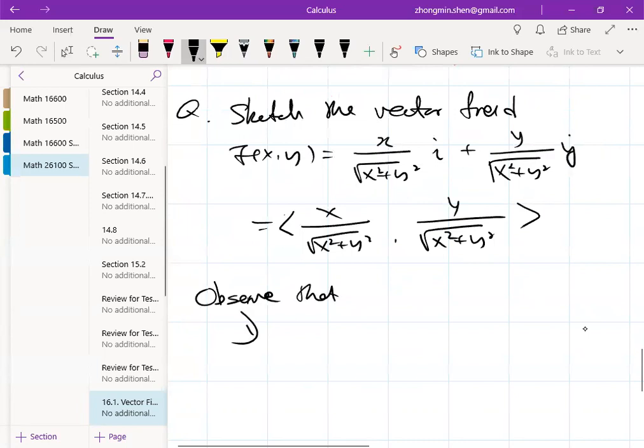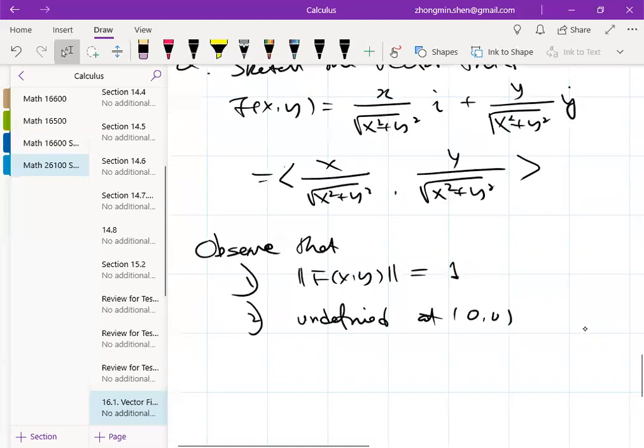The length of this vector is always equal to 1 at every point. Second, it is undefined at the origin, because at the origin the denominator is 0. So this is a vector field defined away from the origin.